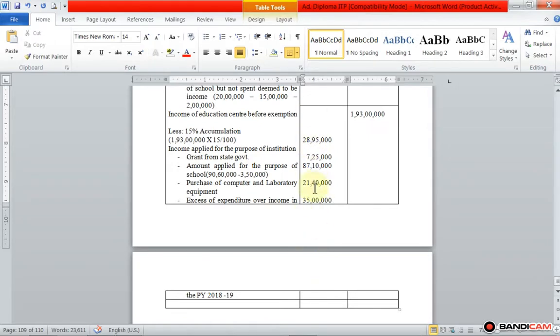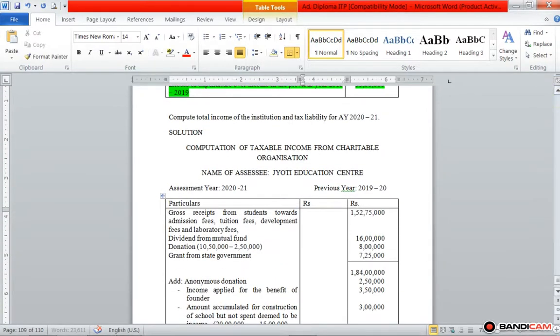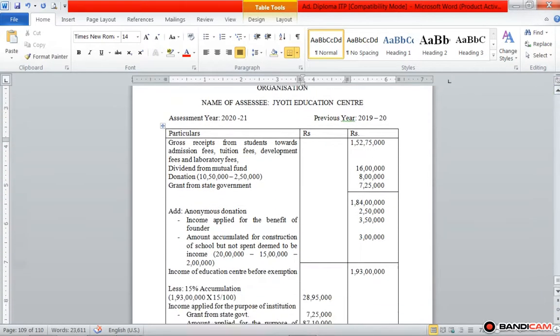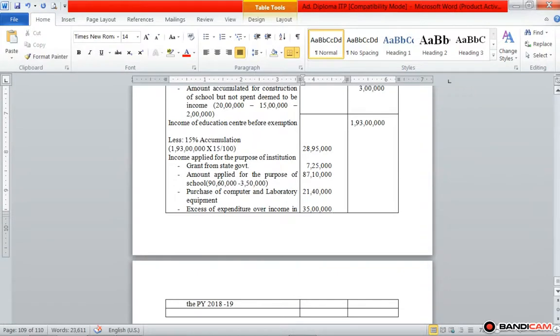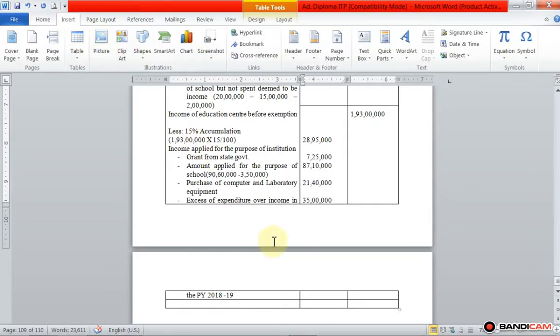Okay, so here we have taken into consideration all the information provided by Jyoti Education Institution or Trust. Now make the total of application of income and deduct this amount from income of the charitable organization, that is Jyoti Educational Institution.